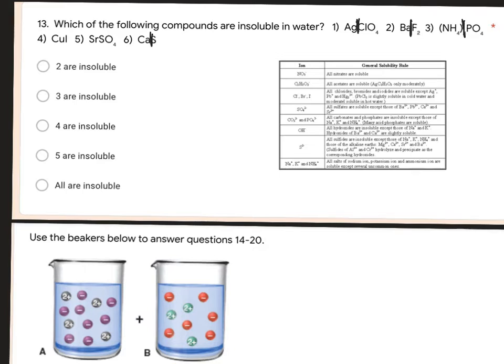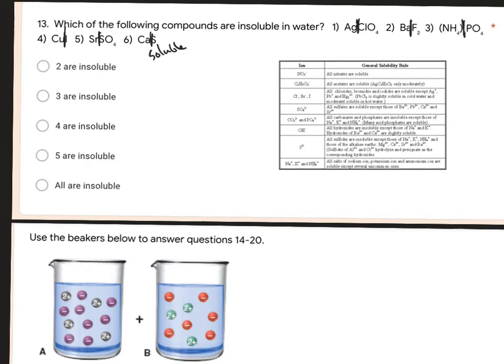So like this last one, for instance, CaS. There are no rules here for calcium, but there are rules for sulfide ions. They are all insoluble except those of sodium, potassium, ammonium, and the alkaline earth metals, Mg, Ca, Sr, and Ba. So even though most sulfides are insoluble, this one is soluble.